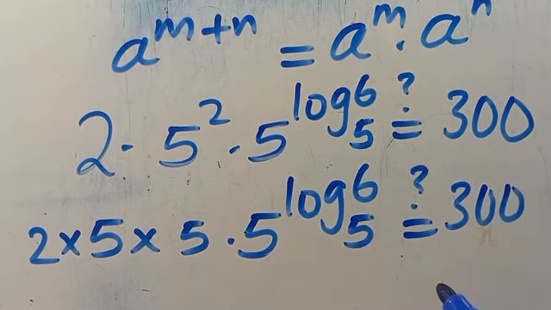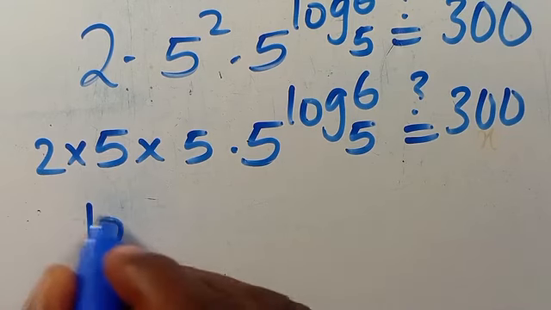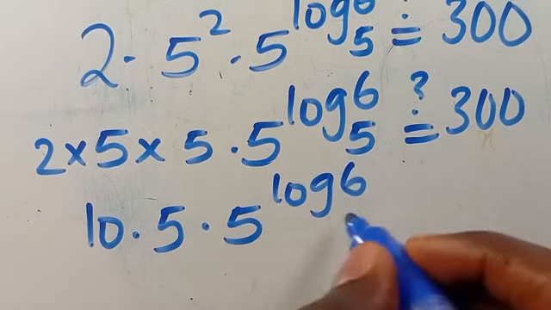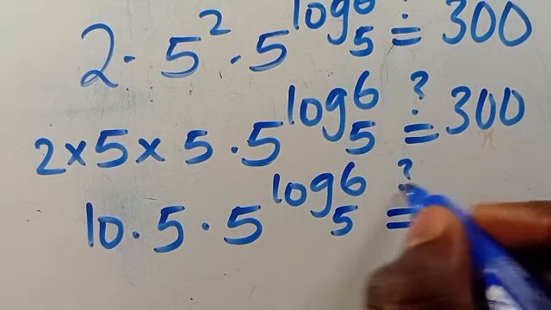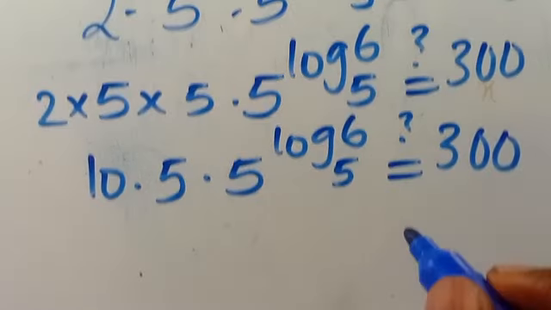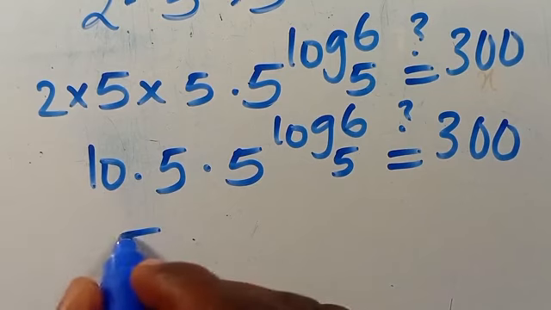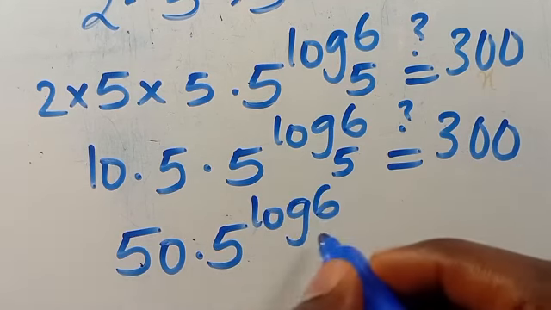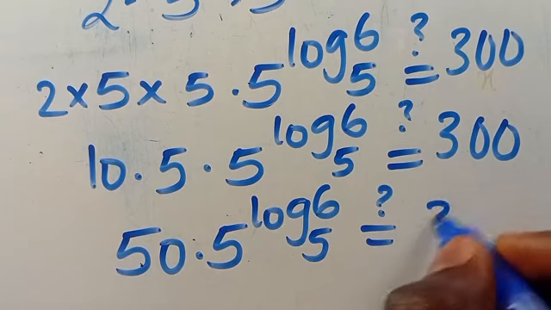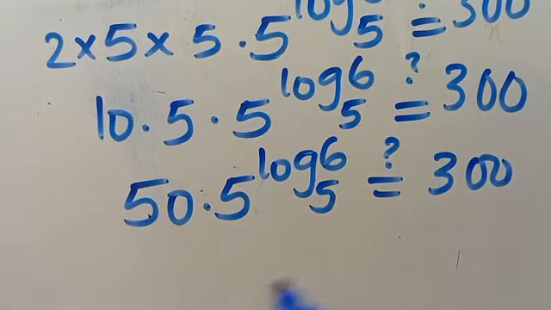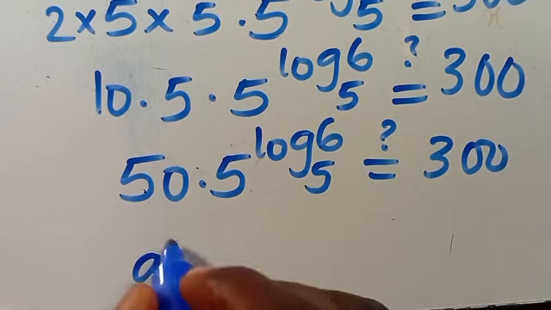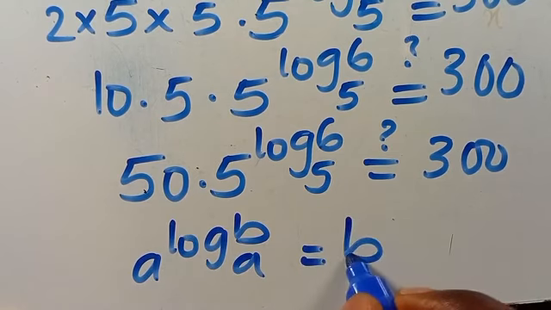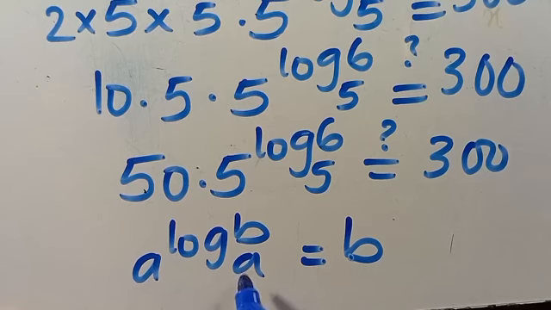So 2 times 5 is 10 times 5 to the power of log 6 in base 5, then it's going to give us 300. 10 times 5 will give us 50, multiplied by 5 to the power of log 6 in base 5, then it's going to give me 300. Anytime when you have a to the power of log b in base a, the output of this always equals b, because this base is equivalent to this base.